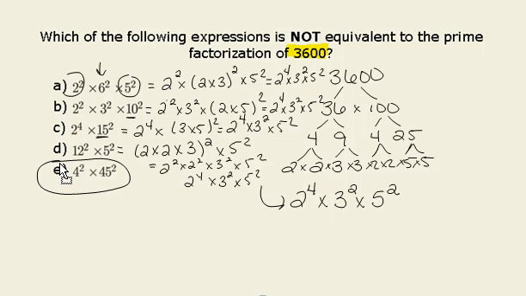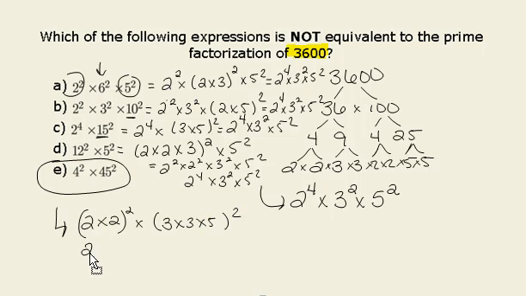Therefore, we can see that E must be our choice. Let's investigate it. We know that 4 squared is 2 times 2 all squared. 45 in its prime factorization is 9 times 5, or 3 times 3 times 5 all squared.